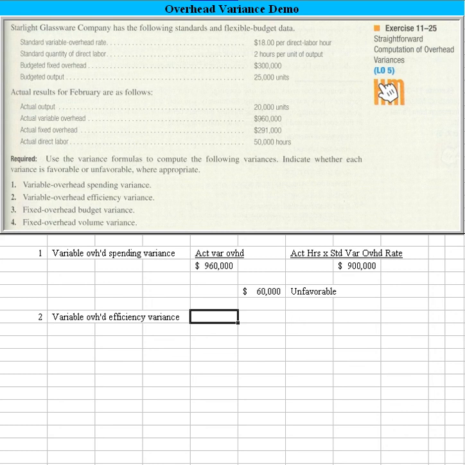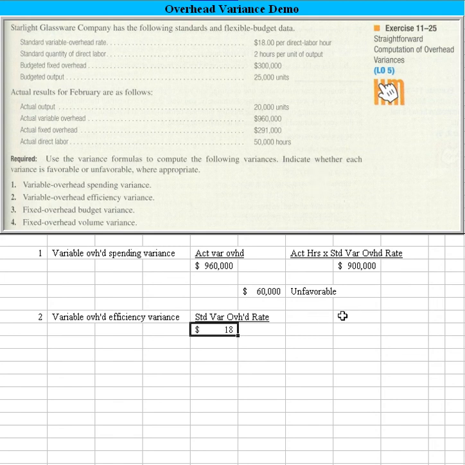In this case, we put the standard variable rate in this cell again, and we know that's $18.